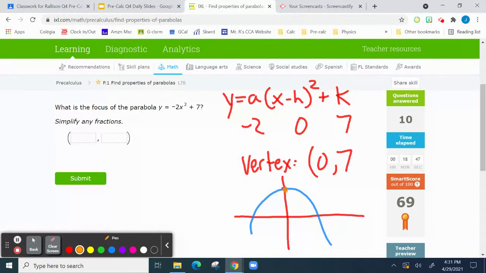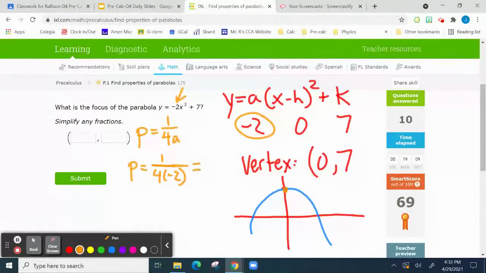And so now we need to take this A right there, and we need to find our P distance, which is 1/4A. So P equals 1/4 times -2, right?